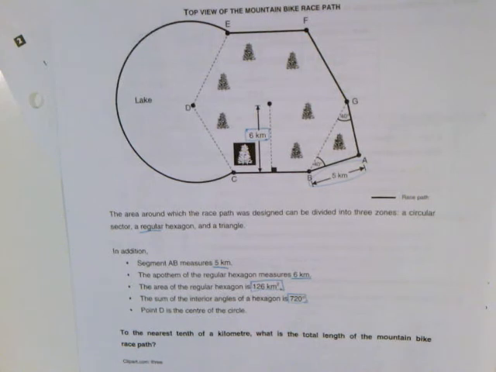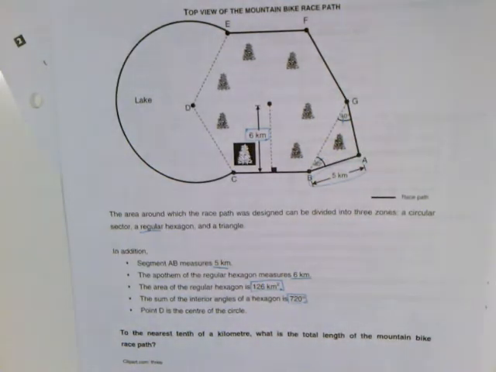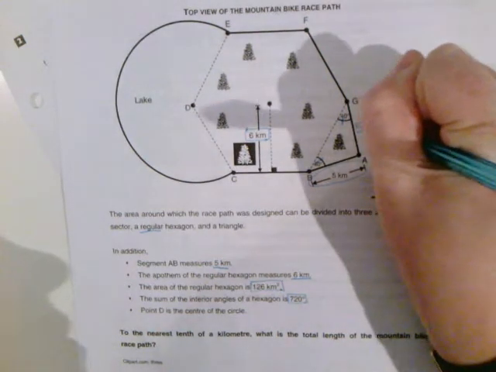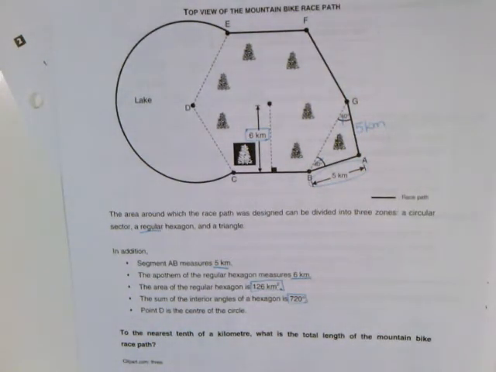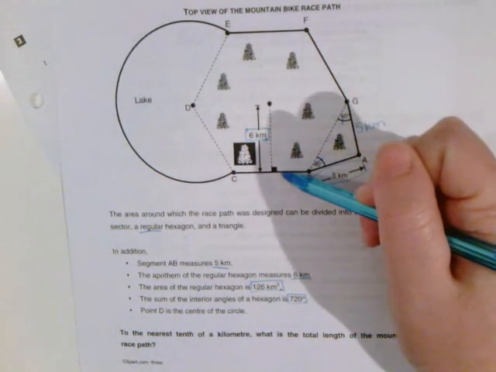So the first thing that I'm going to do here is recognize that in this triangle, these two angles are both 40 degrees, which means that this is an isosceles triangle. So this side is also 5 kilometers. Second thing I'm going to do is work with my area of a hexagon to work backwards and figure out what the side length of this hexagon is, okay?